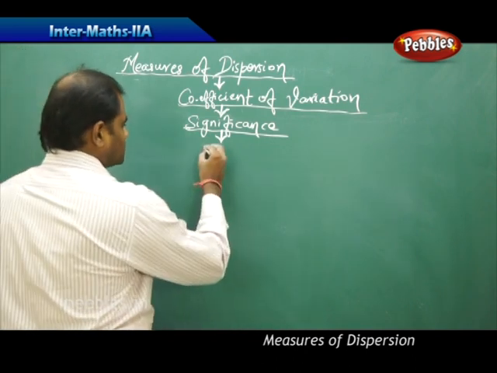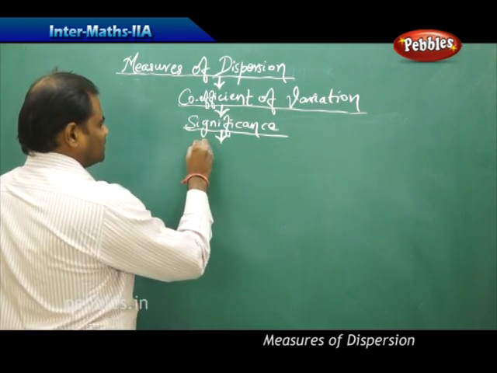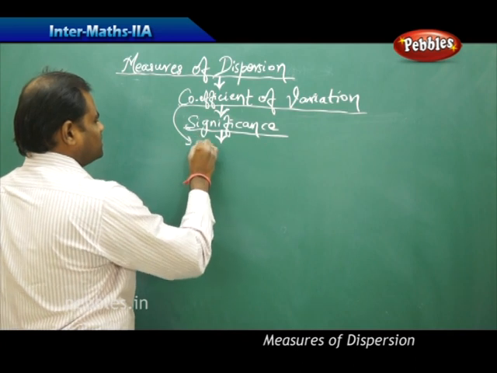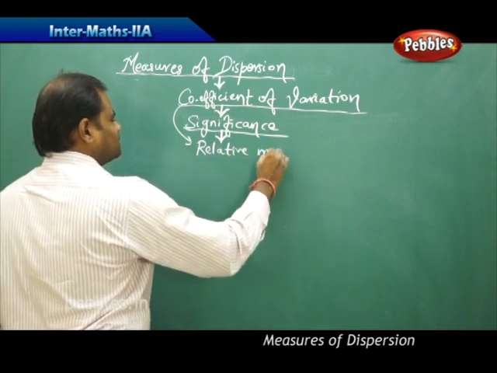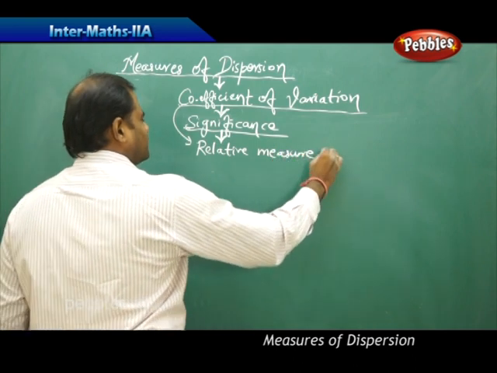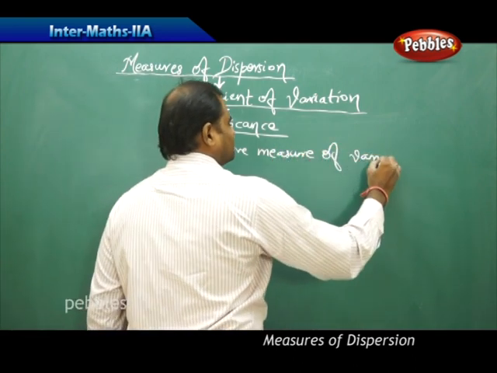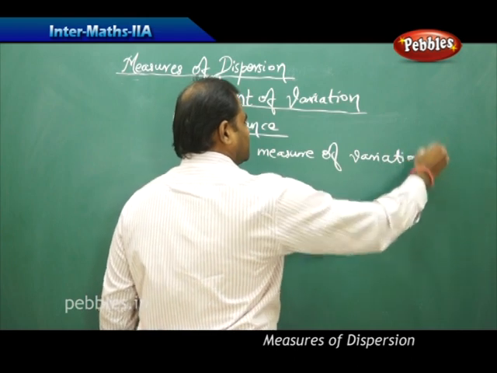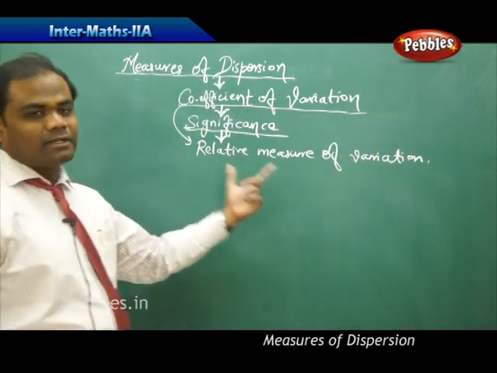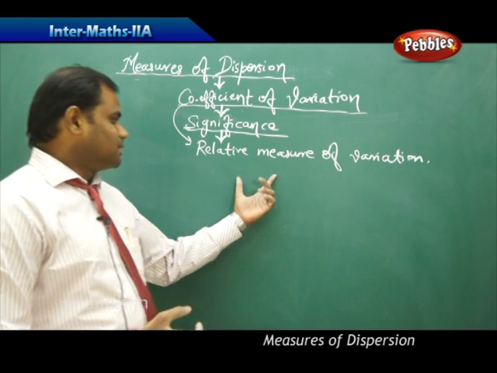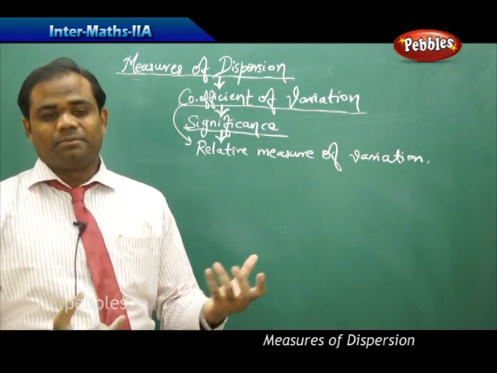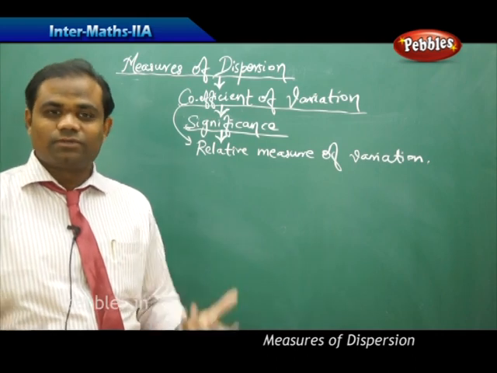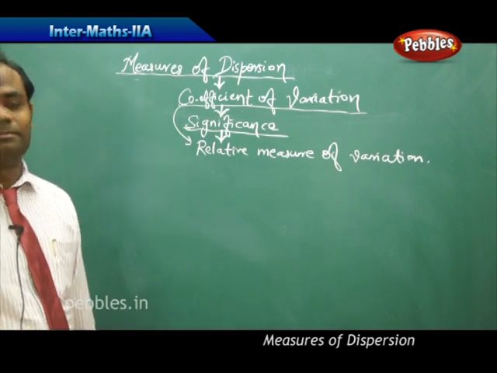So coefficient of variation is said to be a relative measure of variation. The word relative itself shows that it is a measure of variation in relativity to the other distribution, or in comparison of two distributions considered in the problem.